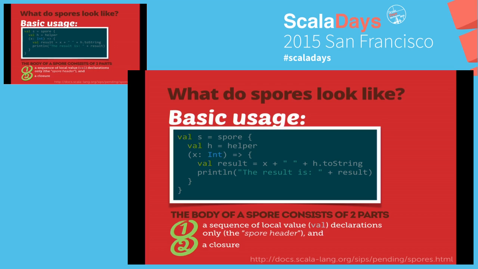And you have an environment, a spore header, this H represents this first part, the spore header, and you have the actual closure itself. The rule is that the closure can't capture anything except what's in the environment that you explicitly declare. So in this case, it captures this helper thing. It fails to compile if you capture anything outside of this spore block, and that's the basic rule.